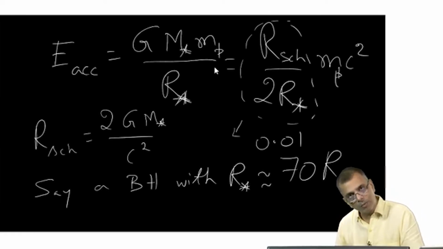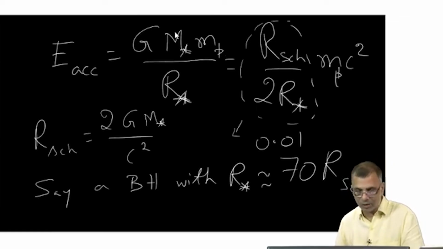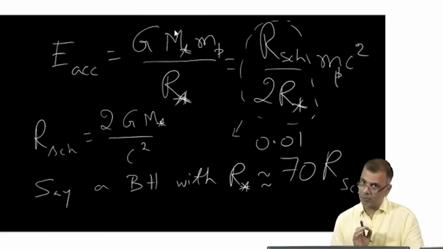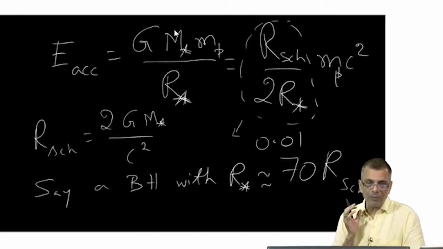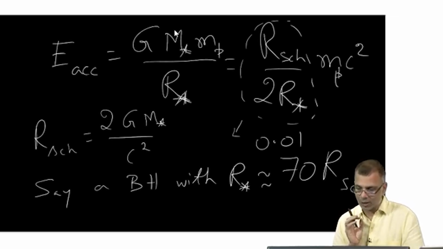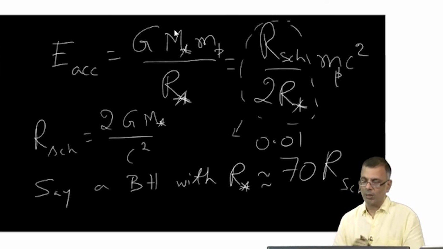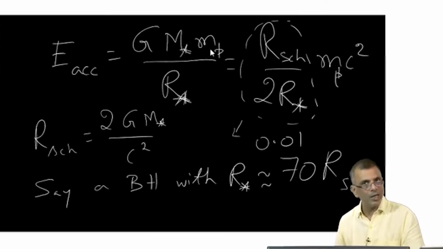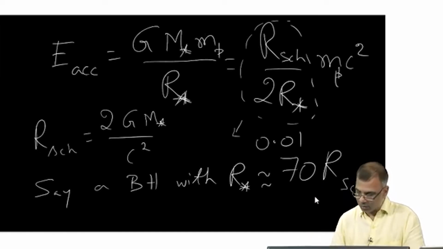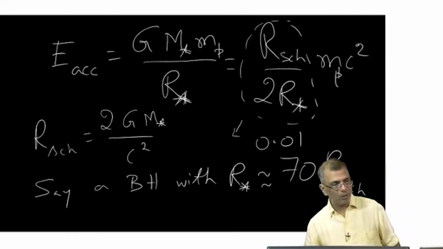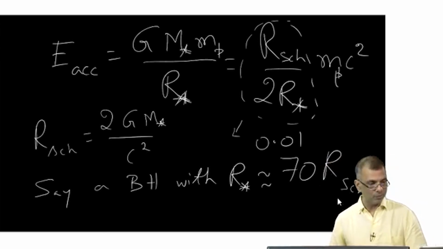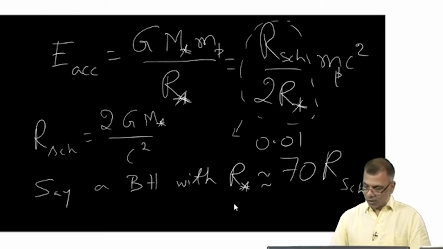The point we are trying to make here is that if the gravitational potential energy can be released, and this is a big if, of course, if we can somehow tap the gravitational potential energy arising from accretion of gas at rest from infinity onto a compact object, an object which is so compact that the radius is something like 70 Schwarzschild radii, that can be potentially more efficient than nuclear fusion. However, this is actually a very compact object.